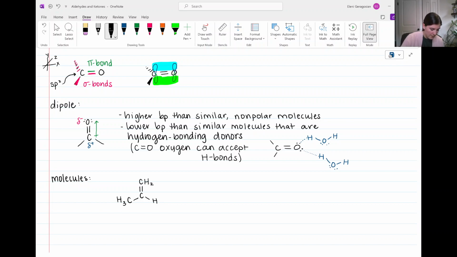So we have propene. We'll do acetaldehyde, which we'll talk about the naming of later. So now we have an aldehyde, and then we'll look at a similar alcohol molecule.